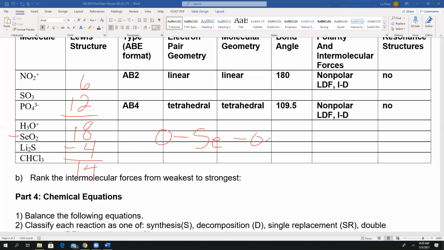So we are going to need a double bond on one of these because we have enough for selenium to have 1 lone pair, but that's it. So we're going to make 1 double bond. And then I'm going to distribute the rest of these.